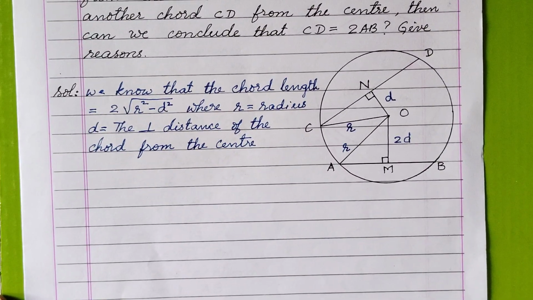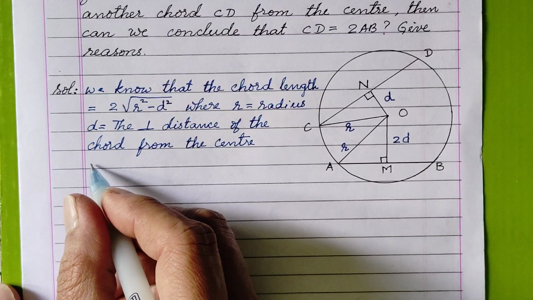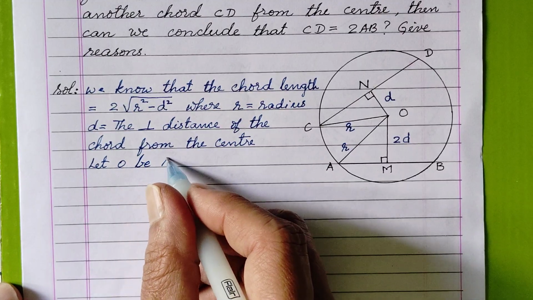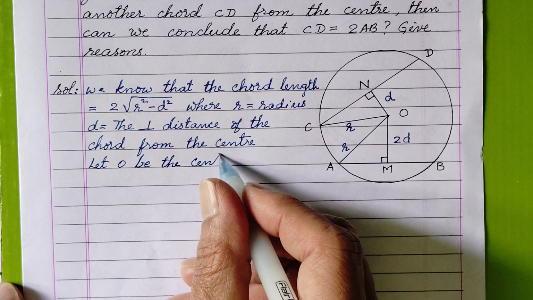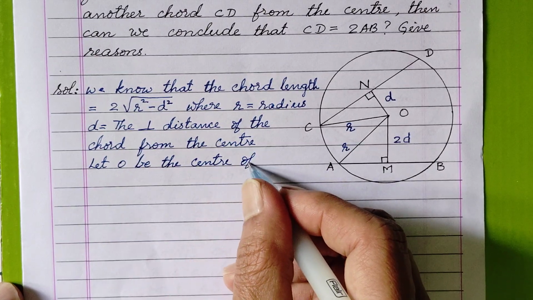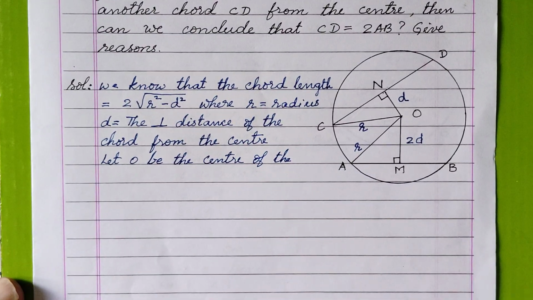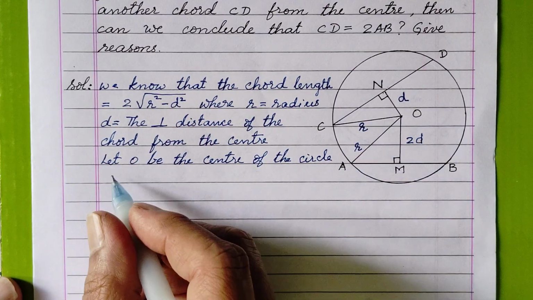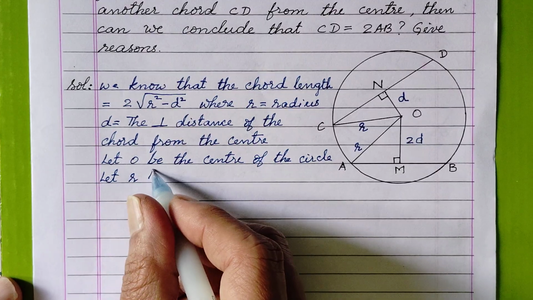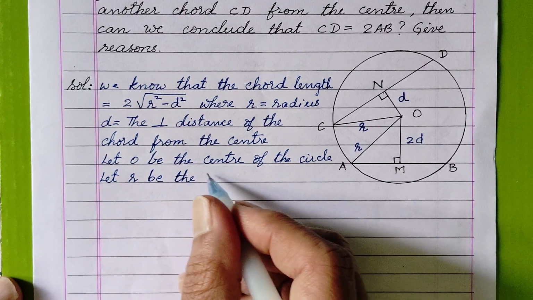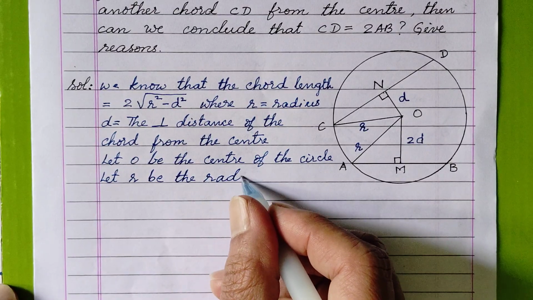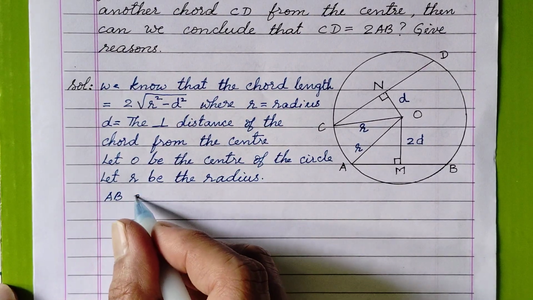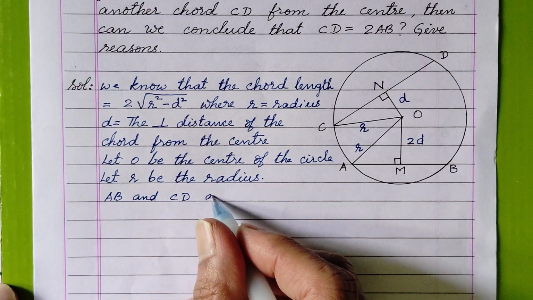Now, let O be the center of the circle. Let R be the radius. AB and CD are the chords.